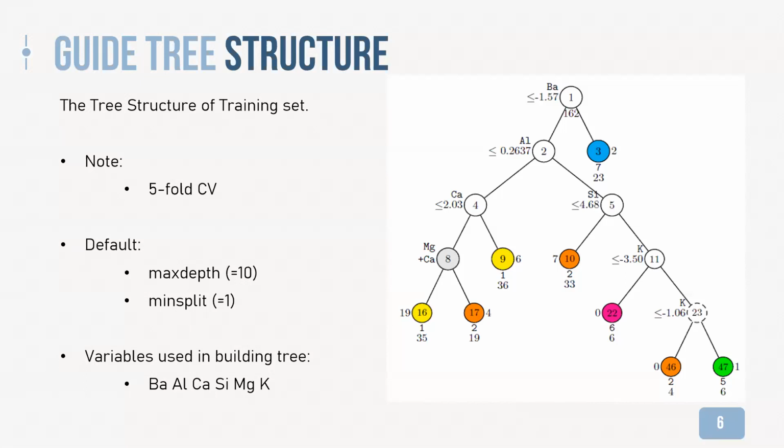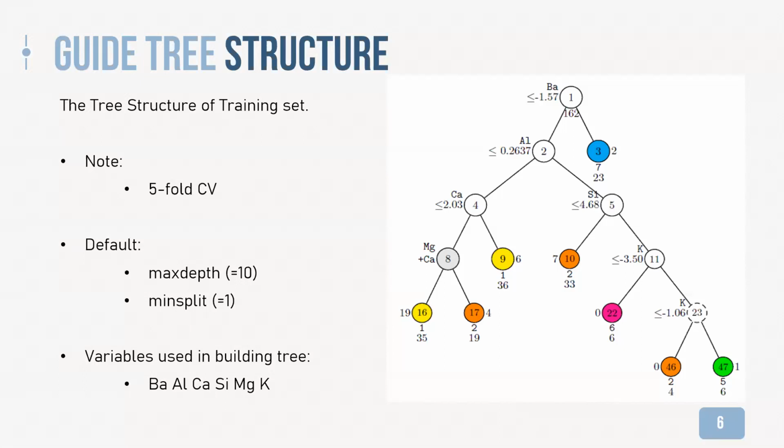So from here, we can see there is no way that any data will be predicted into class type tree. As we see from the leaf nodes, there is no class type tree. Yeah, there's one problem, and we will further discuss this problem later. And the variables used in building this tree are barium, aluminum, calcium, silicon, magnesium, and potassium.